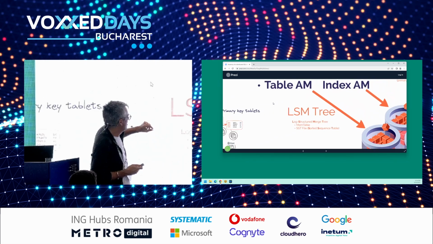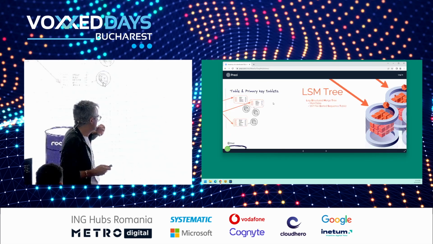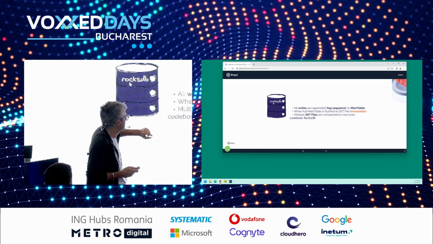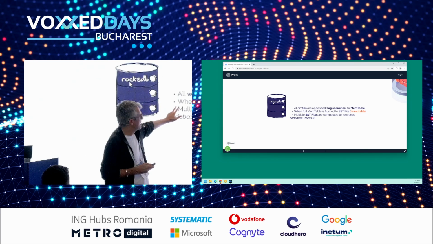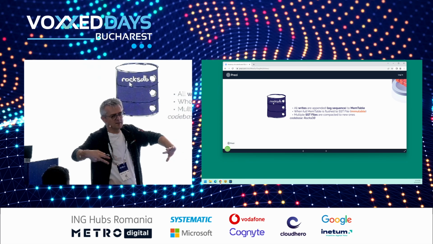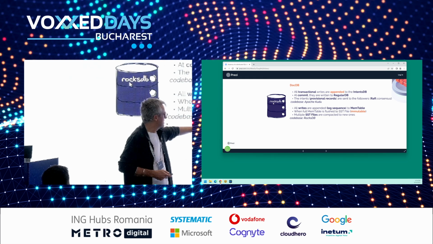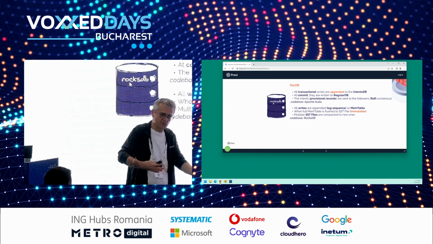Here I have more information about the details, but I already mentioned a few things: the writes are appended as a log sequence to memory, and then go to files that are compacted in the background. And the code base for that comes from RocksDB with a lot of changes.